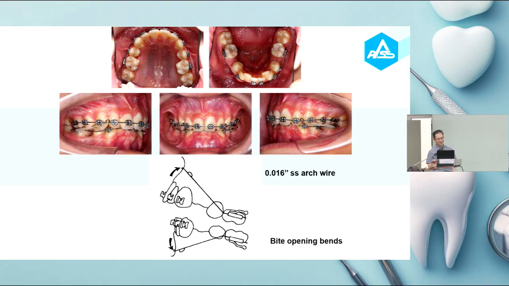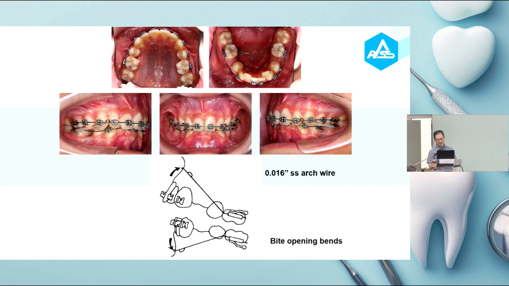This technique is from the Begg technique. In the Begg technique, there are bite opening bands to activate arch wires so that they can depress the anterior teeth in order to open up the anterior deep overbite.